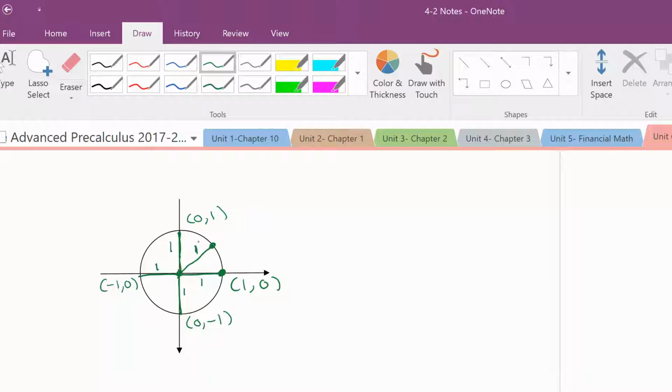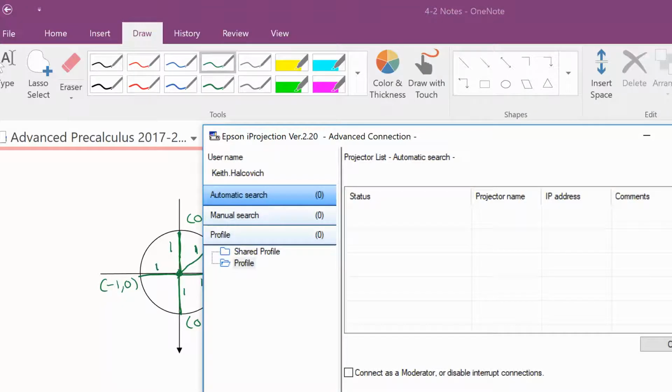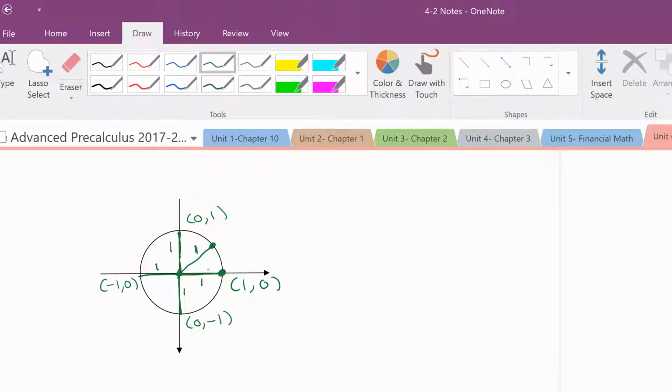Now this helps us to define how to find the sine, cosine, tangent of any angle, because if I rotate an angle this direction, call it theta, and let's say the terminal side intersects this point on the circle P, and P has an x and y coordinate, we could draw a right triangle here, and notice, let's say here, that this side will be the same as the x value.